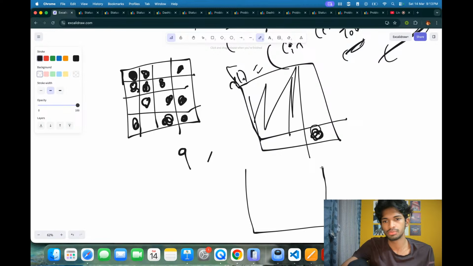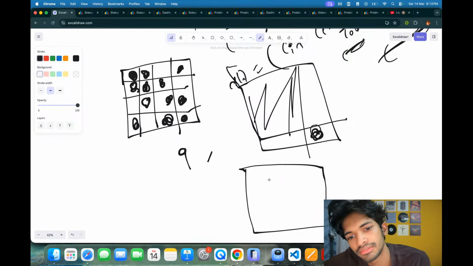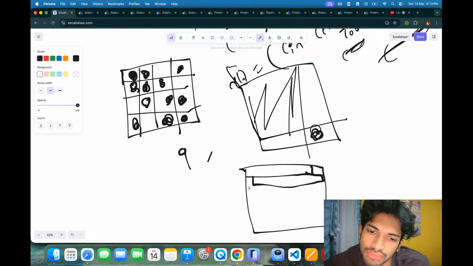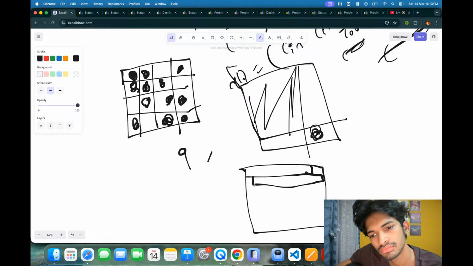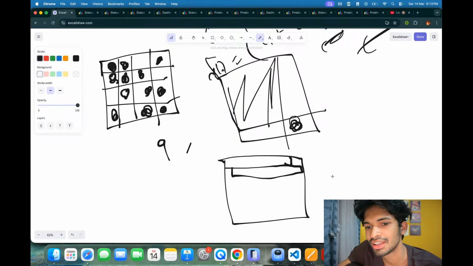The optimal seems to be not placing them here and then here, but place them till here and then place them till here. Wait, is it n square minus n?